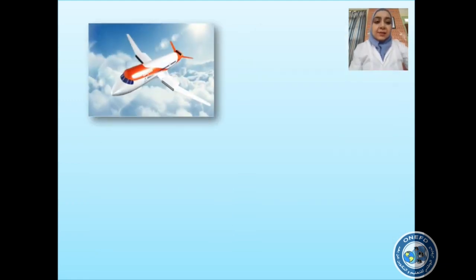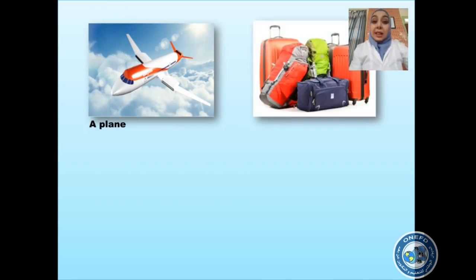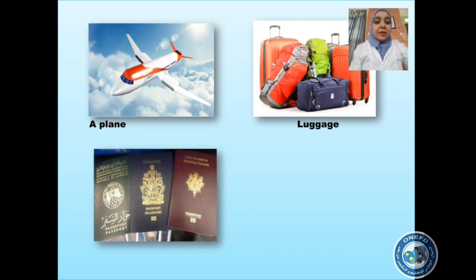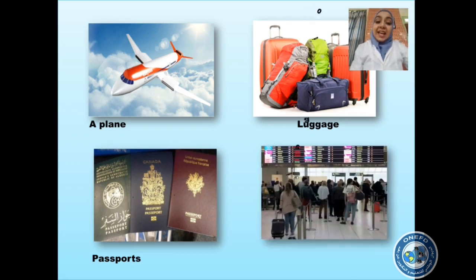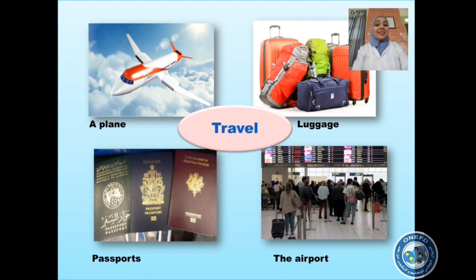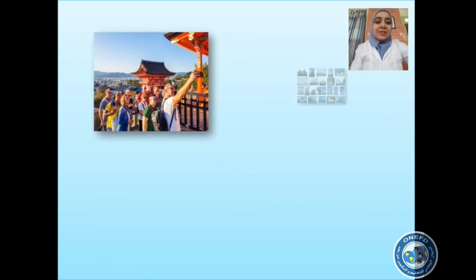It is a plane. Picture number 2, luggage. Picture number 3, it's easy, passports. And picture number 4, this is the airport. So what do all the pictures together represent? Travel. I love to travel. Travel, yes.